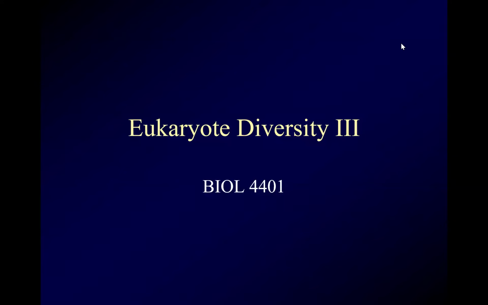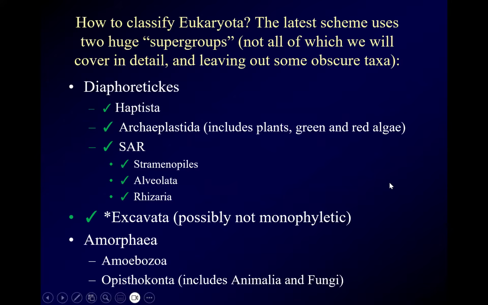Right. So, continuing our march through eukaryotic diversity, and today we should actually finish up with the protists. Here's where we are. I've said my piece about those diaphoreticales. On Tuesday, we had the alveolates, and then that group that, excuse me, may not be monophyletic, the excavata.